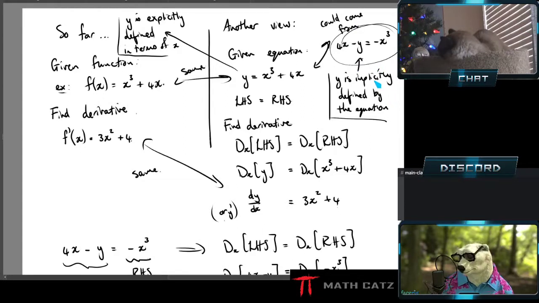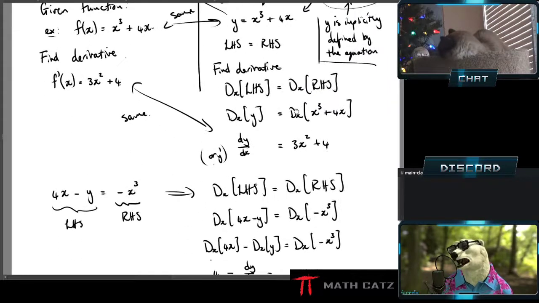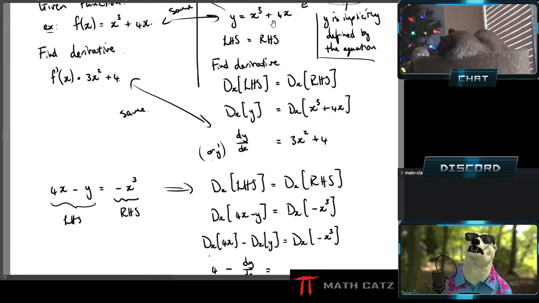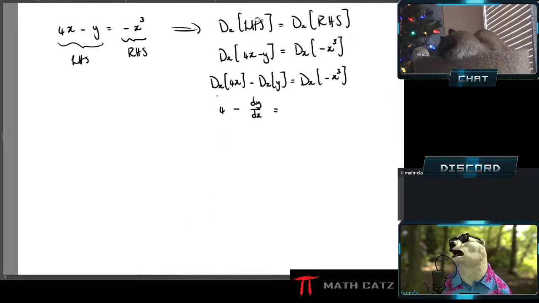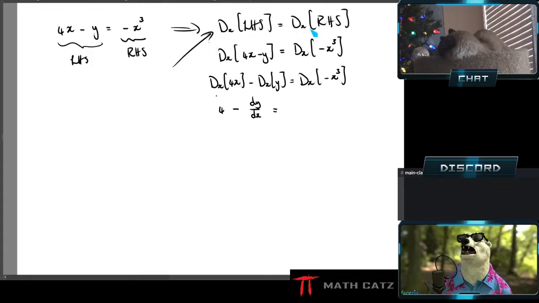Okay. So when I look at the hidden version, even though it's a simple equation in this first case, or a more complicated, more shuffled around equation, we call the derivative of the left-hand side equal to the derivative of the right-hand side implicit differentiation.